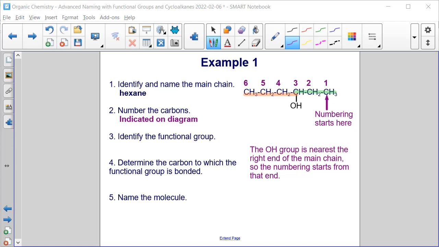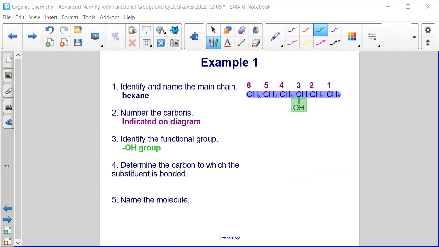Now we need to identify our functional group. Often this step is also about substituents, right? Any substituents are functional groups. So we can see right here, we have our OH functional group. The next step, once we identify that we have an OH group, is to determine what carbon it is bonded to.